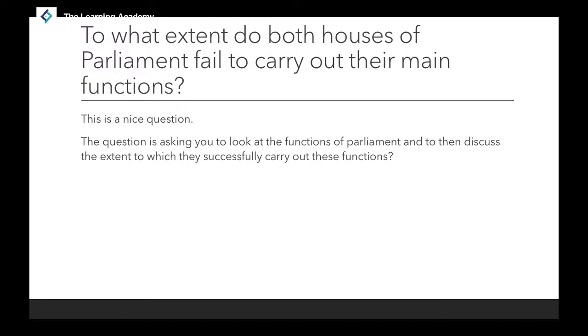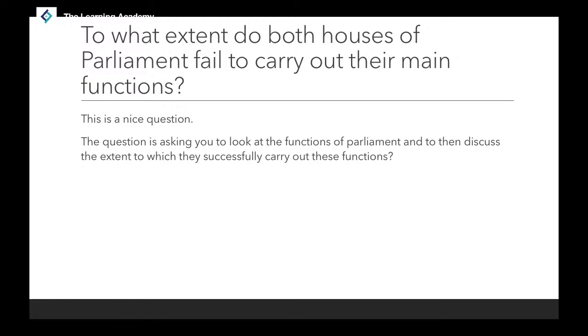The people elect parliamentary MPs, and so that can be seen as a function of Parliament, to represent the people. And obviously, you can think of the points that we've made in this presentation here.